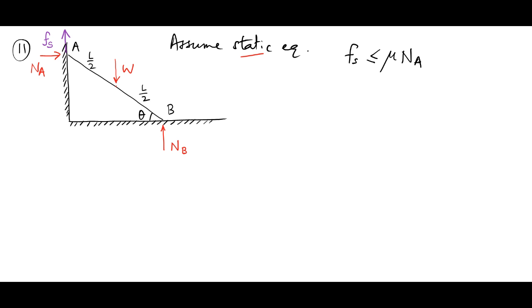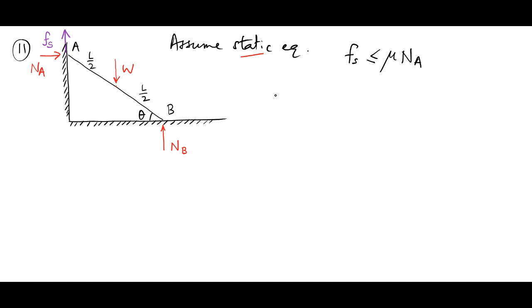Now we have this FBD. No other force can act on this rod. The rod is assumed to be in static equilibrium. So let's try to analyze the forces, and we can even try to find them, and finally we will probably reach some sort of contradiction.